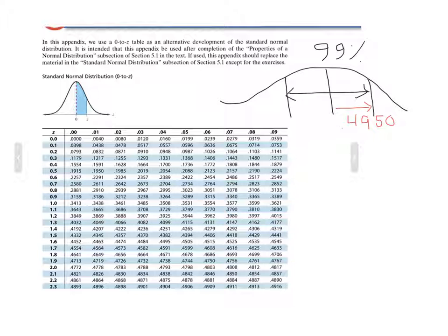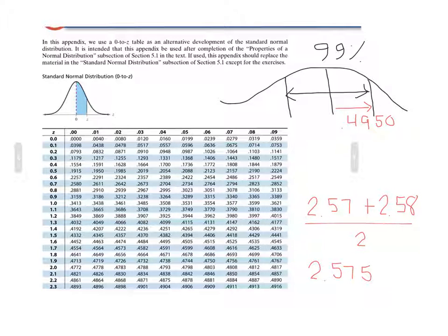So we could average the 2.57 and the 2.58 to get our critical value, which would be 2.575, which is perfectly fine to use. I made it 2.576 since it was a little bit closer to the 2.58 value. So that's where our critical value came from.